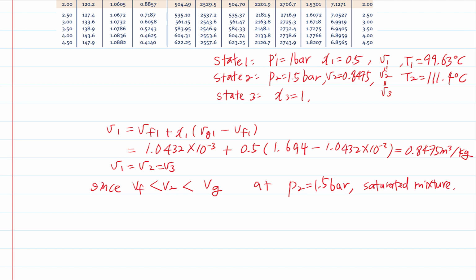Since we know the quality of the state, we can calculate the mass of the vapor. The total mass of the system is volume divided by the average specific volume. Volume is 0.5 cubic meter divided by the specific volume. So the mass of the system is 0.59 kilogram.